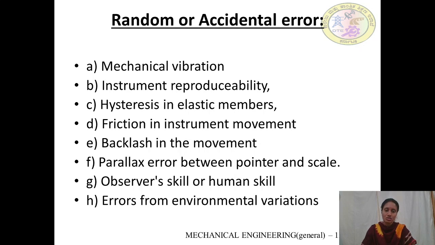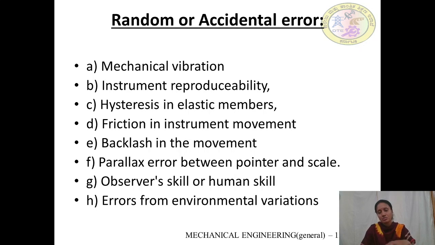The instrument should give the same output when the same input is applied under the same conditions. The conditions are that the same person makes the measurements in the same place, using the same instrument and the same measurement procedure. Then only can we get the same results. This is for a long duration of time.